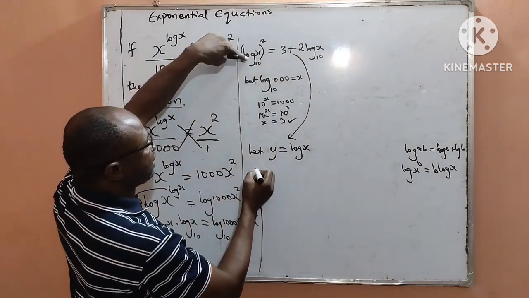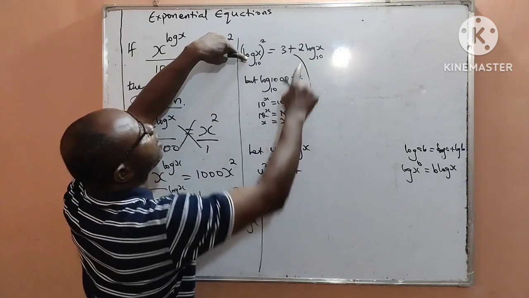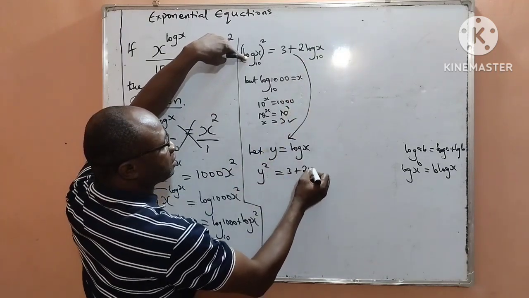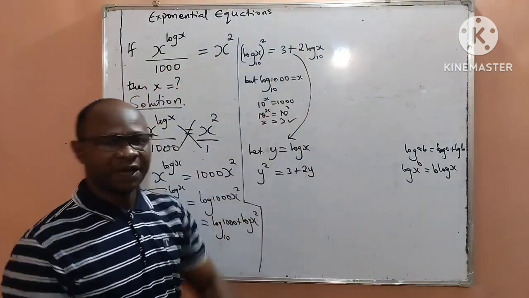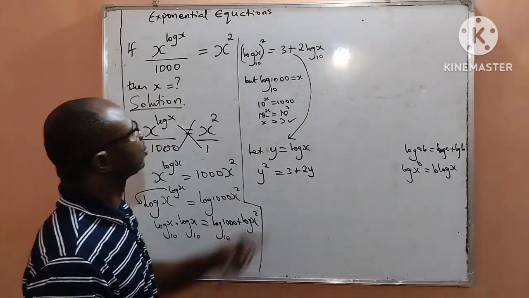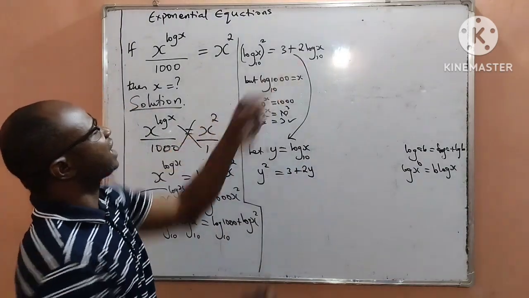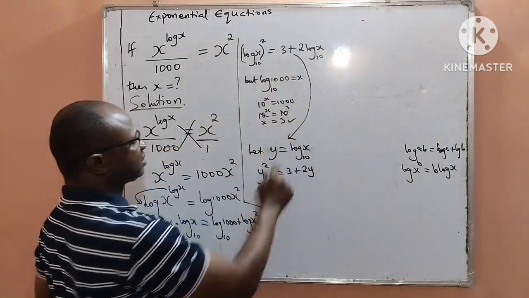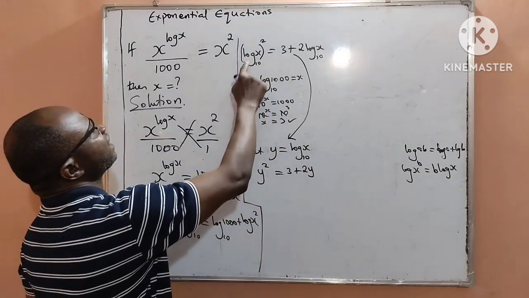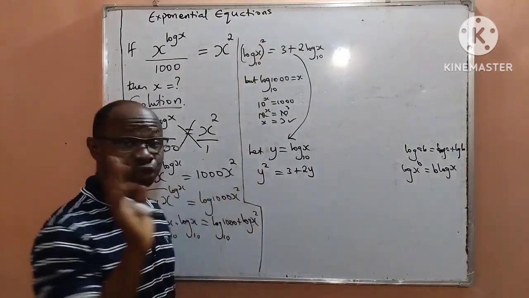From this bracket, I have y raised to power 2 is equal to 3 plus 2 multiplied by y. I have done substitution, replacing the value of log x to base 10 with y. Here I have log x base 10, I replace it with y. Here I have log x base 10, I replace it with y, then raised to power 2.